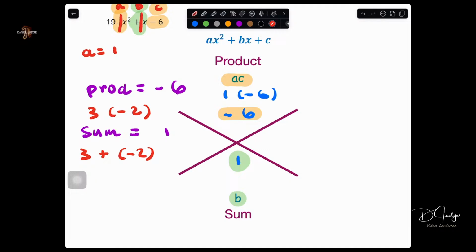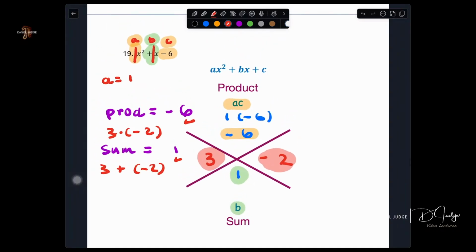Notice this, 3 times negative 2 is negative 6, and 3 plus negative 2 is 1. So the pair, meaning two numbers, is 3 and negative 2. And because A is 1, you're done factoring. Just use the numbers that you found: positive 3, negative 2.